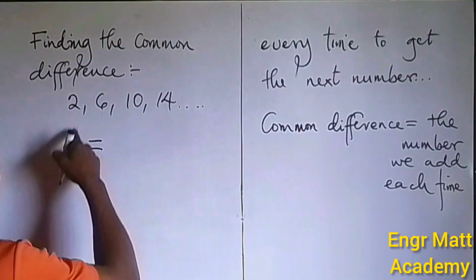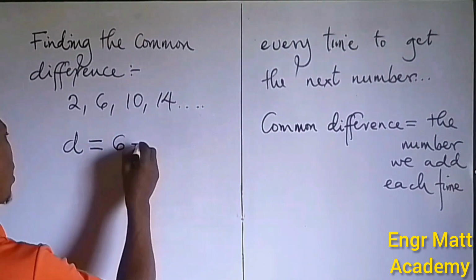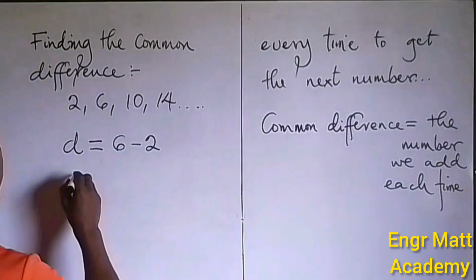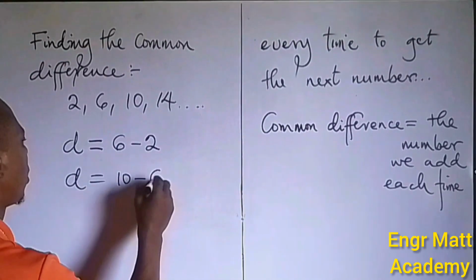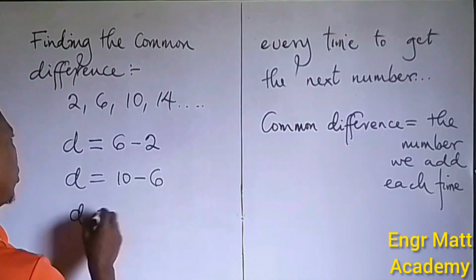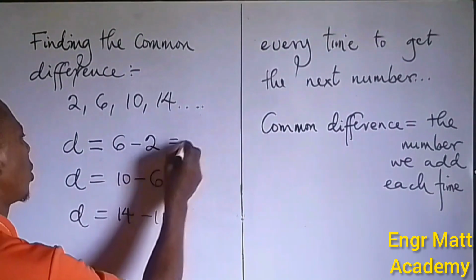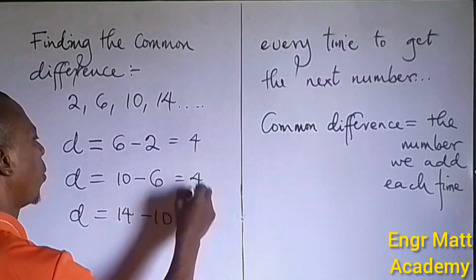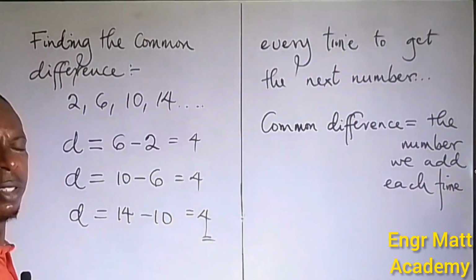That is, subtract 2 from 6, so it becomes 6 minus 2. Or, common difference can be 10 minus 6, or 14 minus 10. In each case, we get 4. That is why it is called common difference.